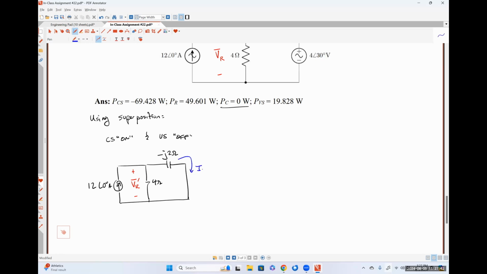This is IC prime. So how could we solve for either of those quantities? We can just do current division to find IC here. Okay, perfectly reasonable. So IC prime would be 12 angle 0 degrees amps times 1 over negative J2 ohms divided by 1 over 4 ohms plus 1 over negative J2 ohms.